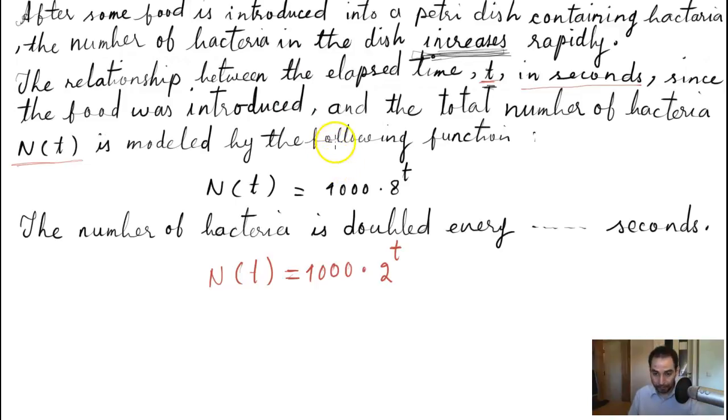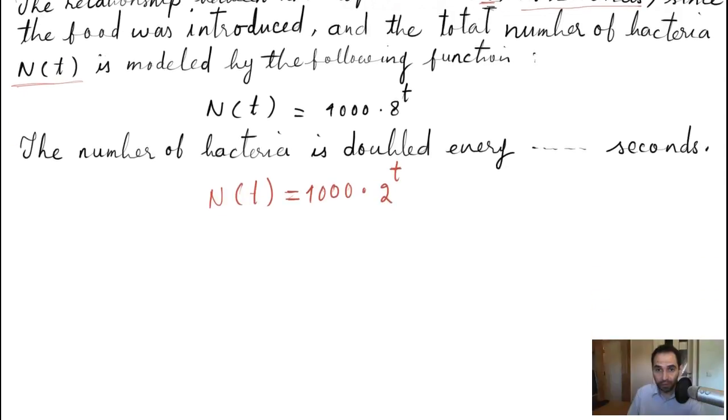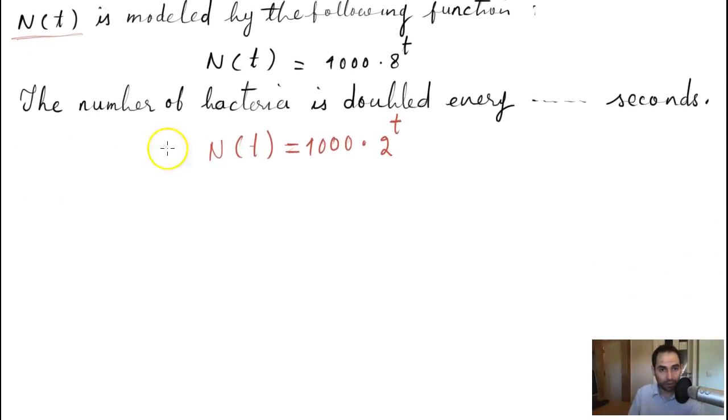Of course, it's not being multiplied by 1000. Actually, about this relationship, it would be like this. So it would be t in seconds and n of t, and then here you would have 0 when t is equal to 0, your n of t is equal to 1000.